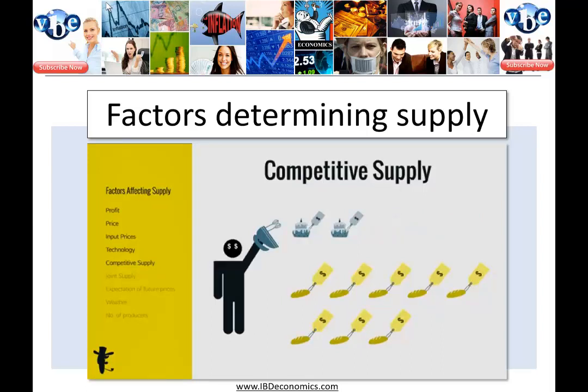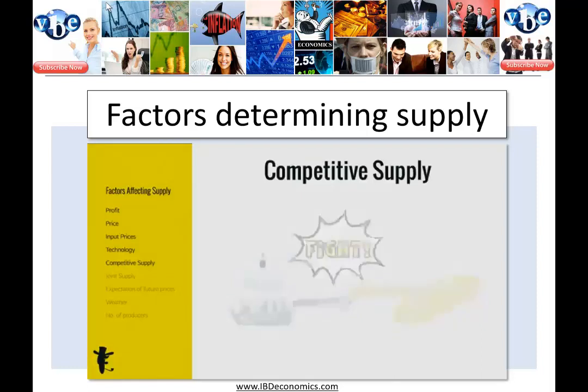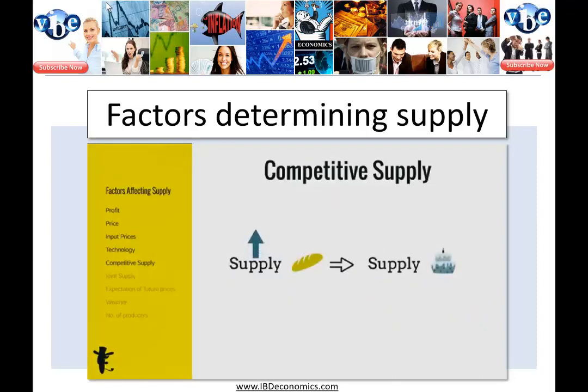Because we use the same resources to bake bread and cakes. When we bake more bread, we have fewer resources left to bake cakes. In this case, we say that cakes and bread are in competitive supply. When supply of bread increases, supply of cakes has to decrease.